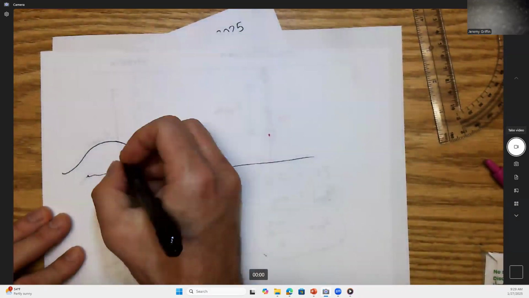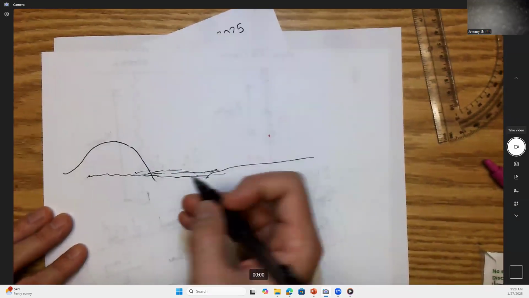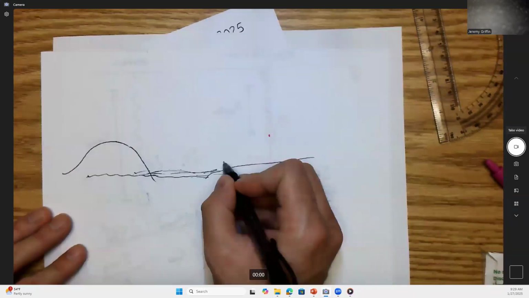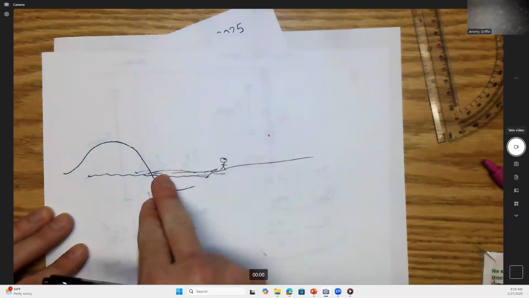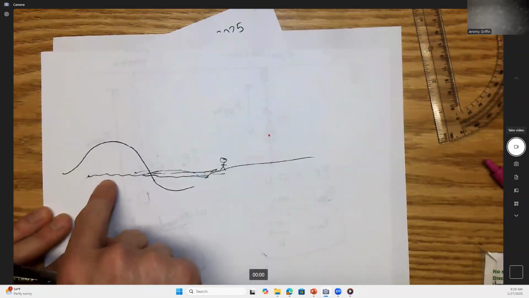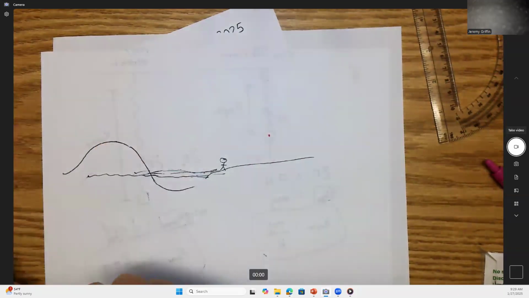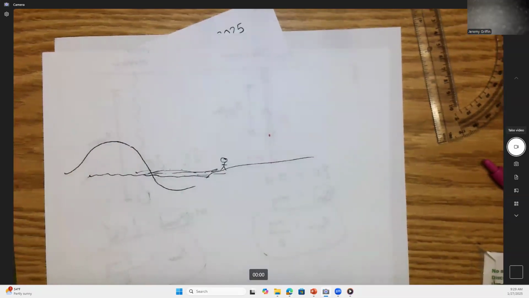It could be so big that, as you probably all know, if you're out on the beach and a tsunami is coming, all the water recedes away from the beach. That's because it's all building up here, with this huge amplitude, and this whole thing just comes up. Something like that.